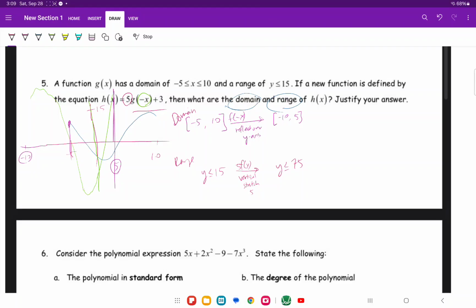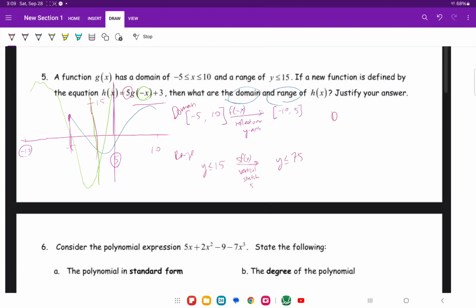Okay, so that's what they wanted us to find, the domain and range. So for h of x, the domain is between -10 and +5, and the range is y is less than or equal to 75. That's it.